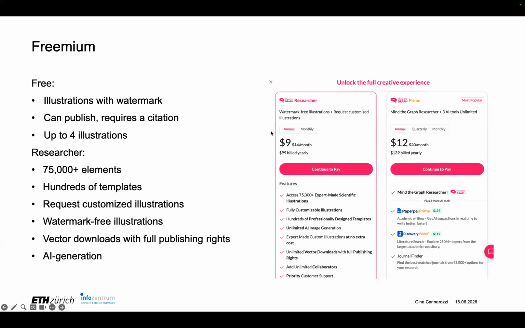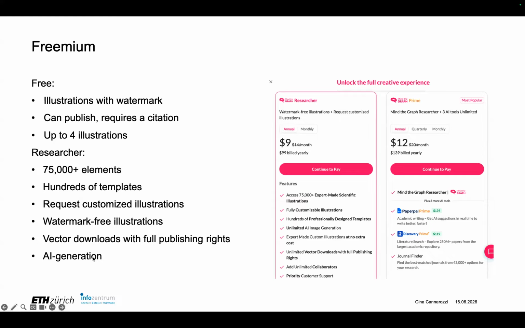The paid level is called Researcher, and this is only $9 a month compared to $35 from BioRender. There you have access to 75,000 plus elements. They have a lot of templates. You can request customized illustrations, and the illustrations you make are watermark free, and you have the full publishing rights.